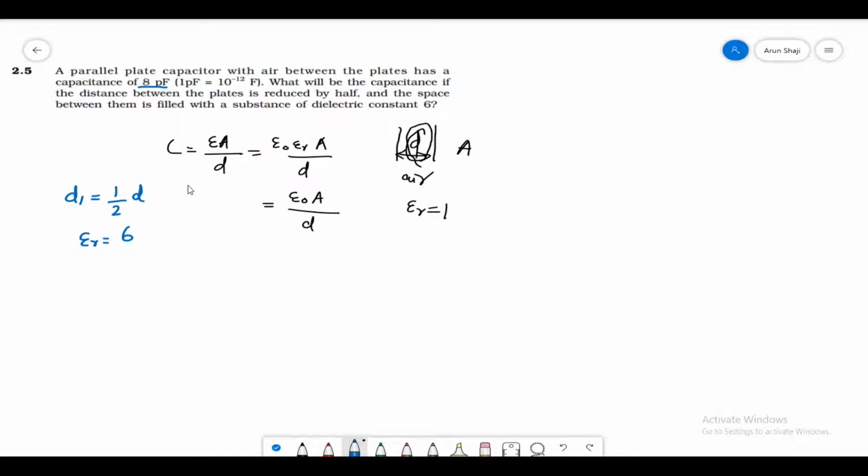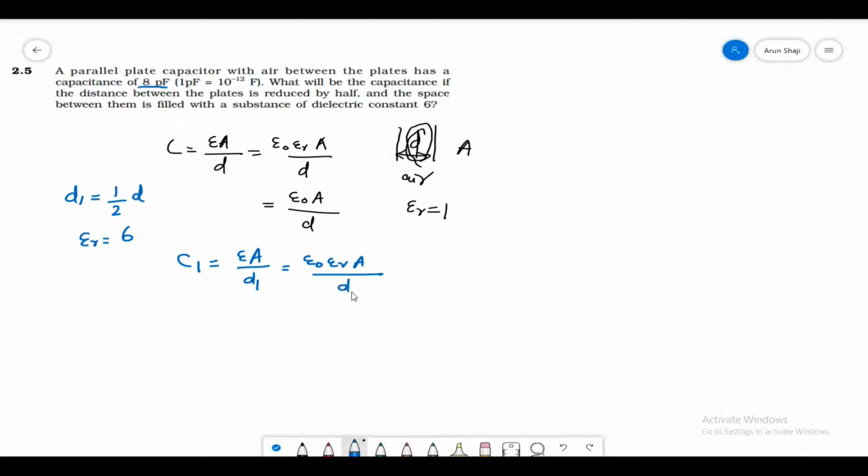Now the formula for the new capacitance C1 will be equal to epsilon A divided by D1. What is epsilon? That is epsilon naught into epsilon R into A divided by D1. What is D1?